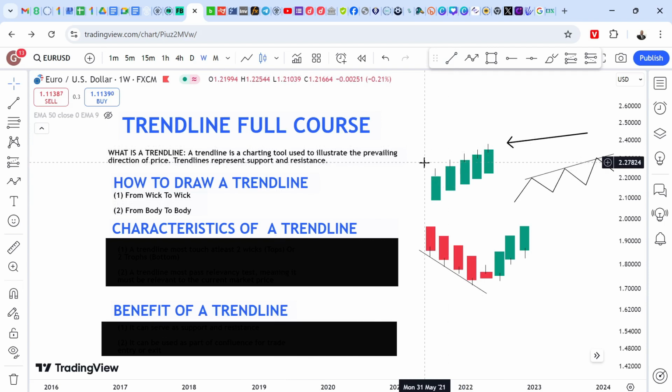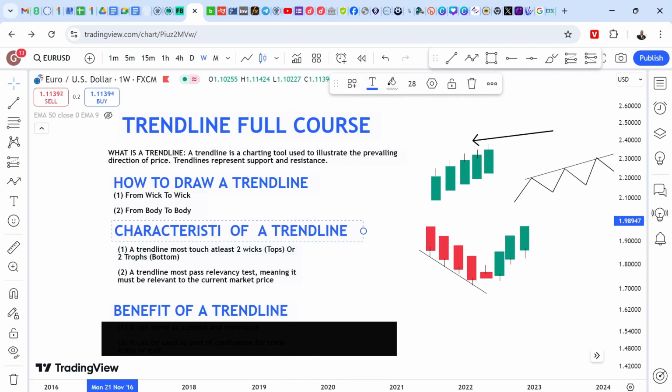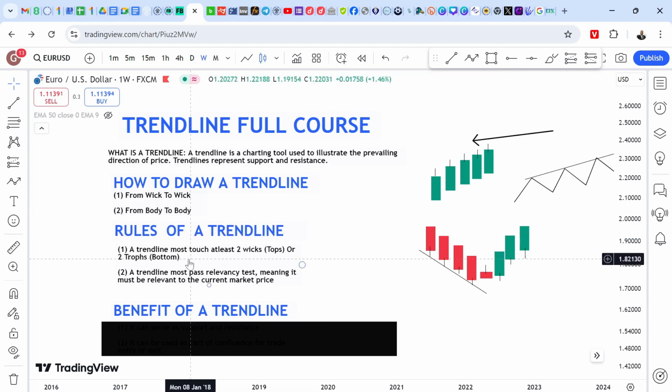What are the characteristics of a trend line? Sorry, this should be the rules of a trend line, not characteristics. What are the rules of a trend line? Number one, a trend line must touch at least two wicks, another word for wicks being tops, or two troughs. Another name for troughs is bottoms.